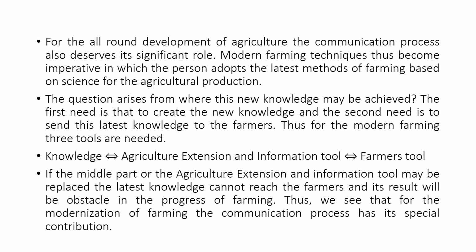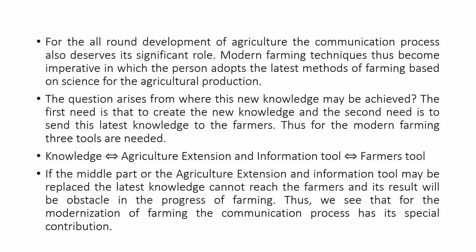For the all-round development of agriculture, the communication process also deserves a significant role. Modern farming techniques thus become imperative, in which the person adopts the latest methods of farming based on science for agricultural production. Their knowledge is traditional in nature. They have indigenous knowledge, which is extremely crucial to the land.